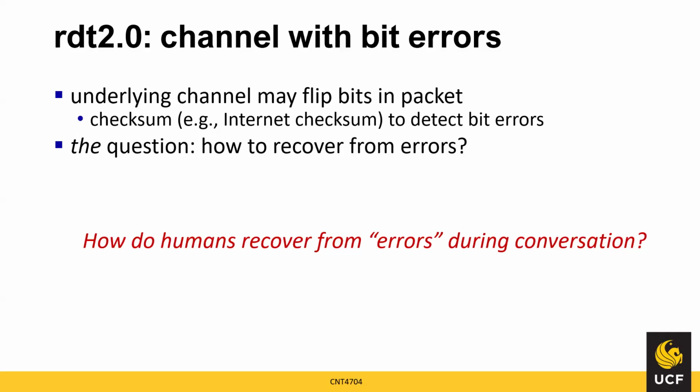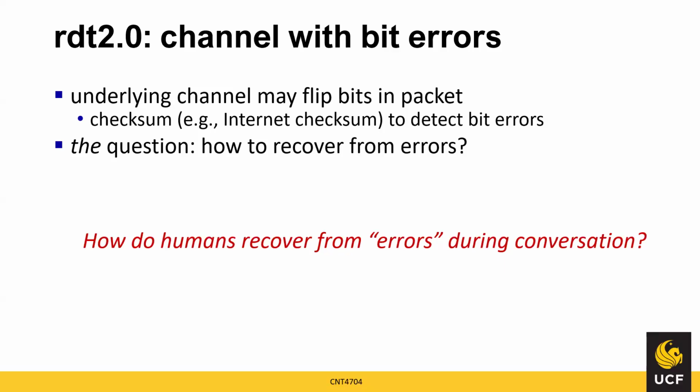Before we dive into the protocols, let's think about how a human would handle the error. Say you were talking with someone, maybe on the phone, or it could be the messages analogy we can go back to. Then you would say, hey, can you repeat that? Or sorry, what was that? I misheard you.